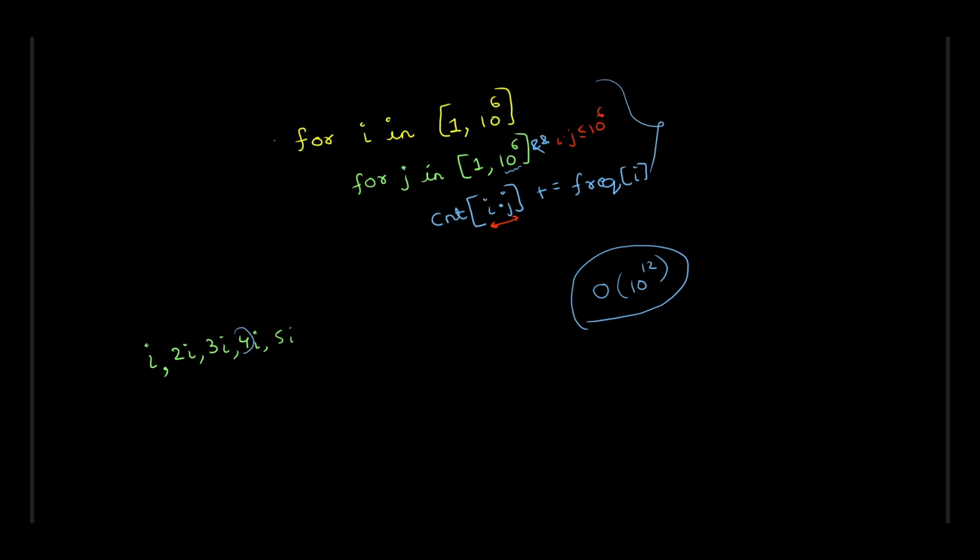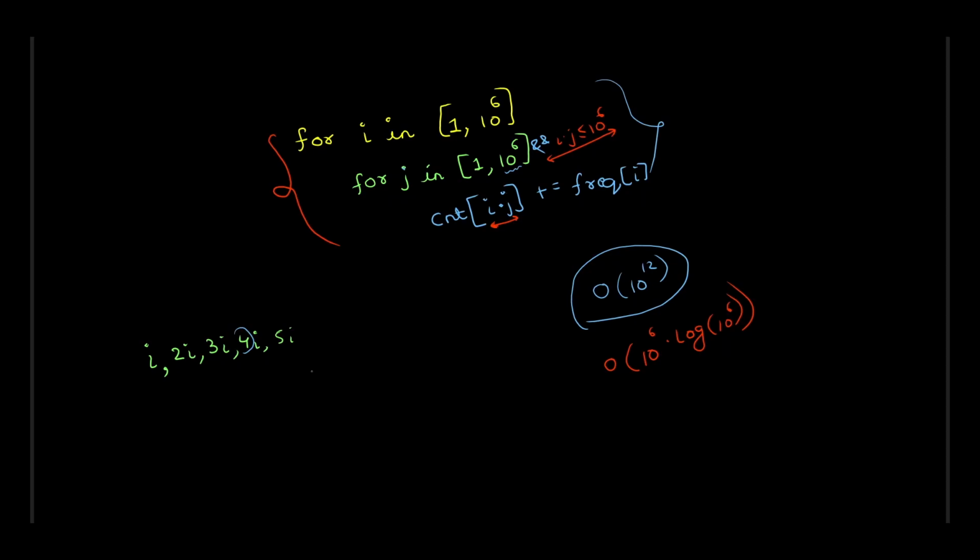With just this additional condition, we claim that the time complexity has now come down from 10 to the power 12 to simply 10 to the power 6 into log 10 to the power 6. Now it might sound very fancy, but let's see how this is actually working.